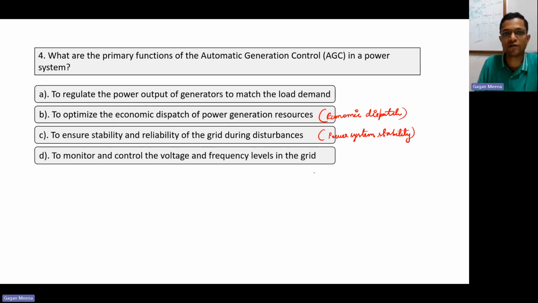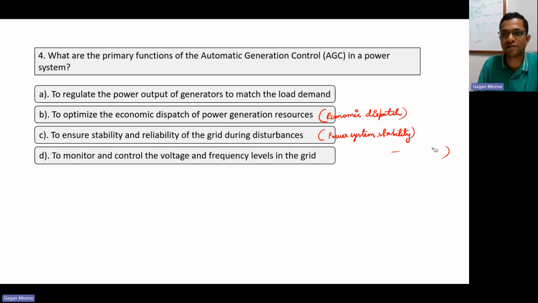To monitor and control the voltage and frequency levels of the grid, this will come in power system controls and dynamics. Here we are not talking about voltage. AGC is not concerned about voltage. It deals only with the frequency component, not voltage. So this option is not correct.